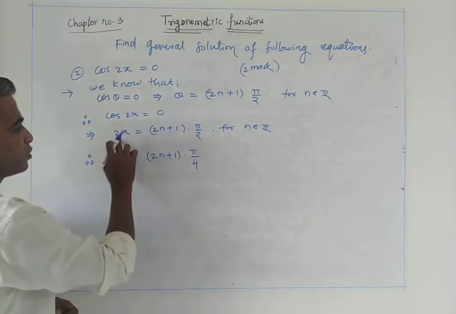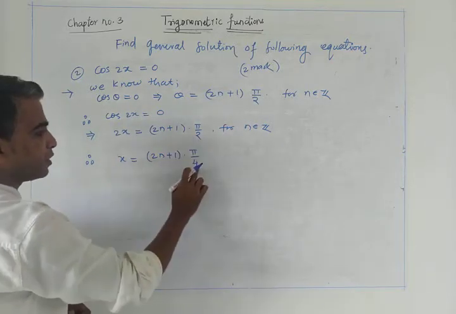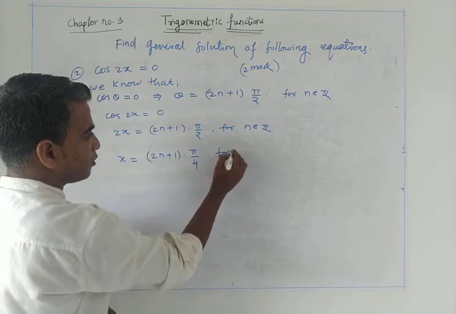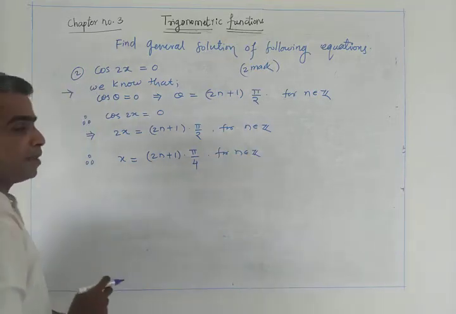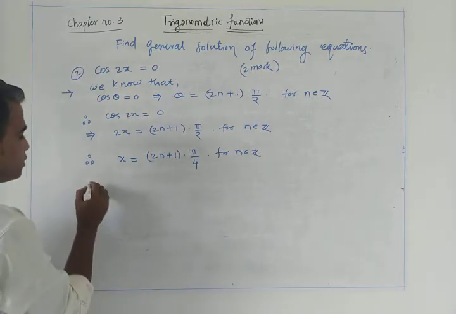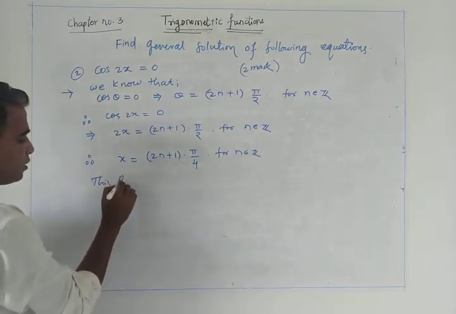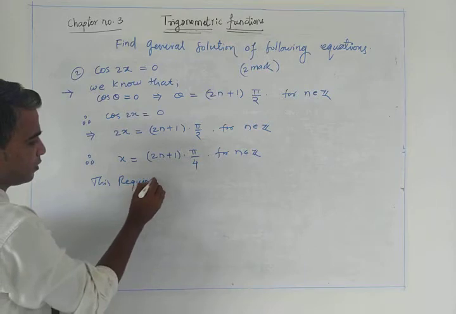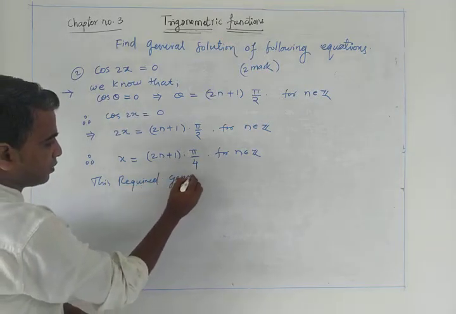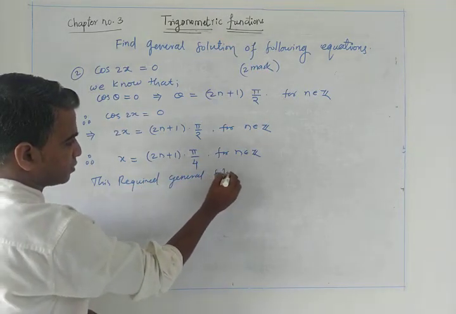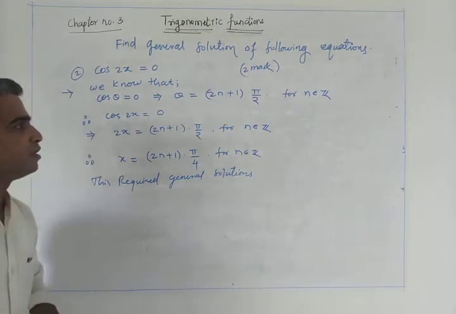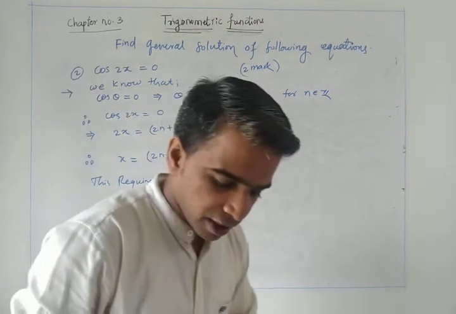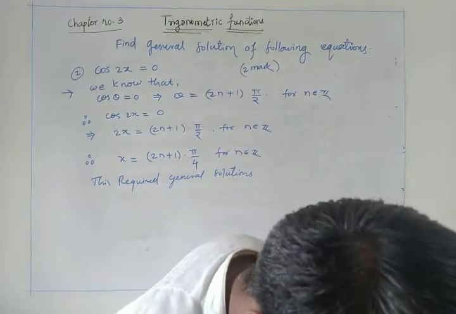This 2 will come in the denominator and 2 into 2 becomes 4, for n belonging to Z. Now we got the value of x, that is the required general solution.